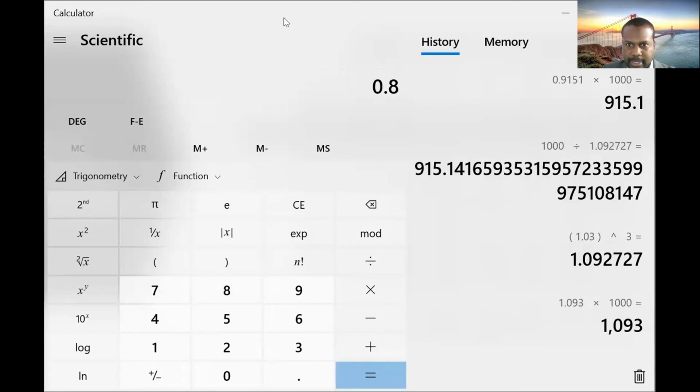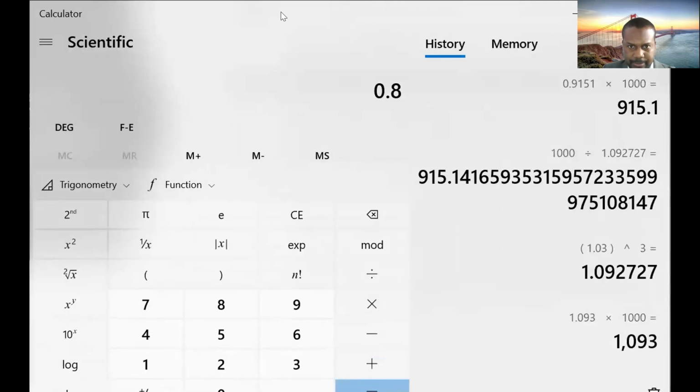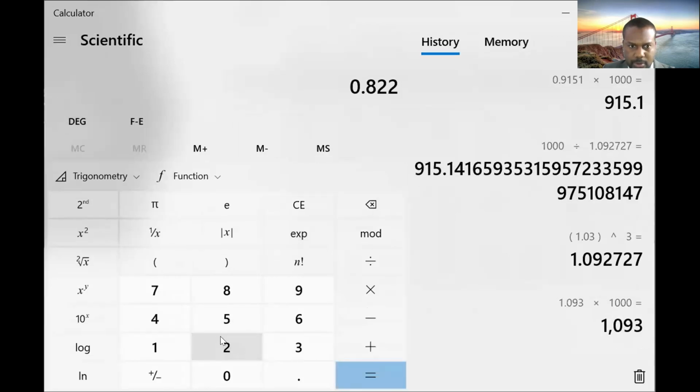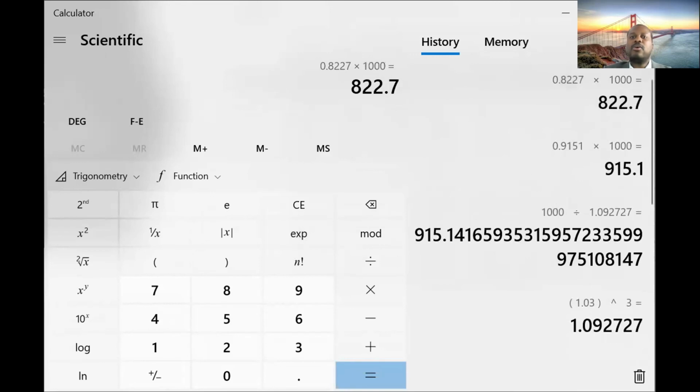Let's see what the figure was. 8227. And then we can multiply that by 1,000. So that's 822.70. 822.70. Okay.